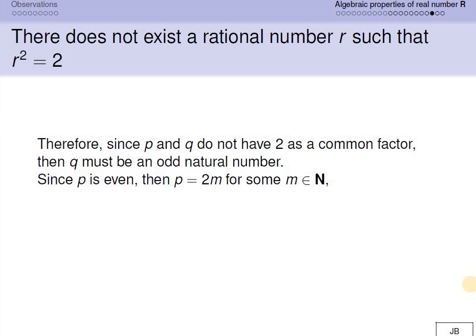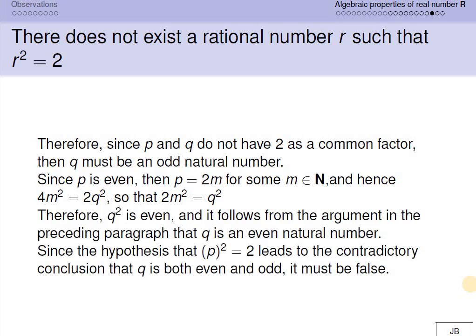We put this in the earlier expression where p square is equal to 2 into q square, and you get 4 m square is equal to 2 q square. From this you get 2 m square is equal to q square. It says that q square is an even number. Again from the same argument we get that q is an even natural number.